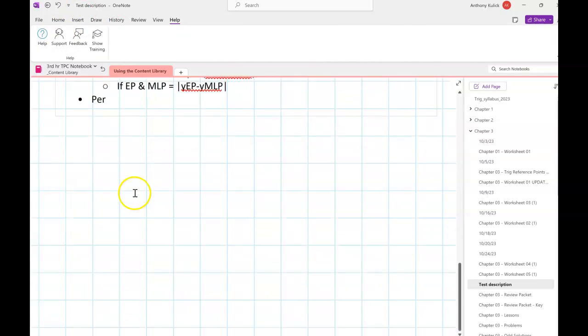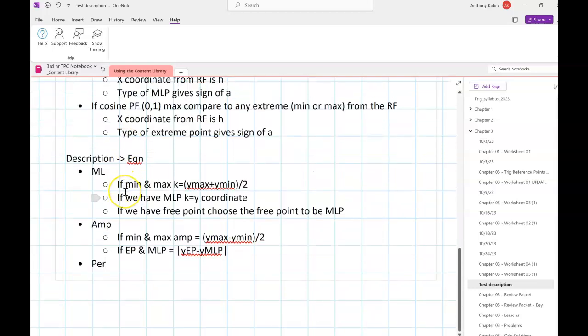Okay. Yes, Ellie. Certainly. So if we had to do the period, again, if we have min and max, what do we say? The period is, half the period is equal to the absolute value of x max minus x min.